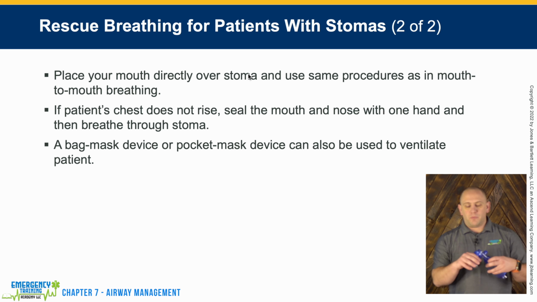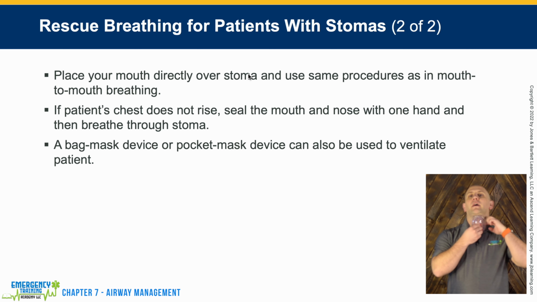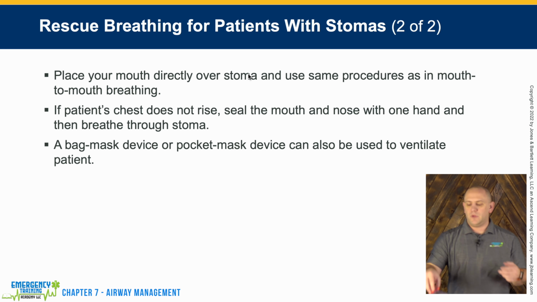It may be beneficial to have an infant-sized mask so that you can create a better seal directly over that stoma in their neck versus trying to use an adult mask, where as you stick that over their neck, you're going to have a lot of leak around that.